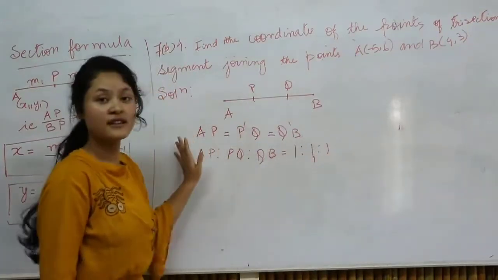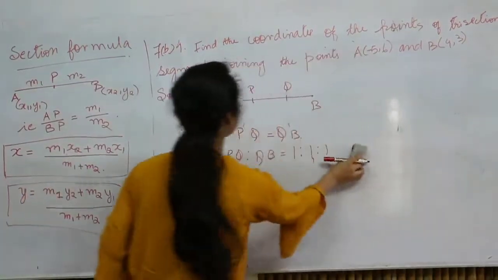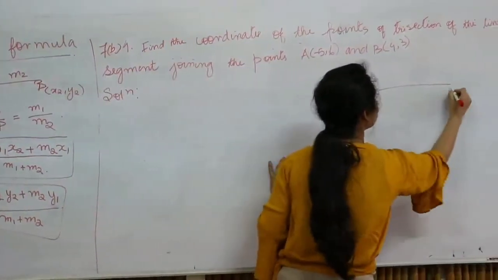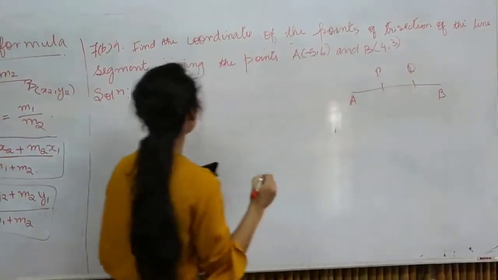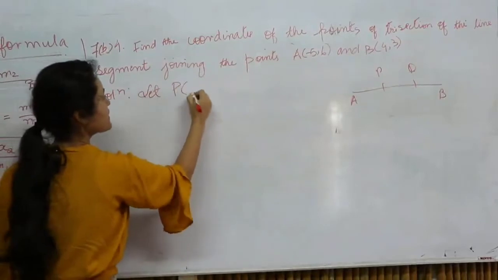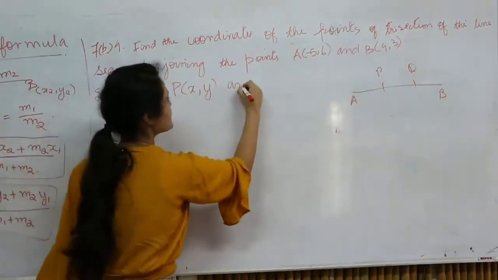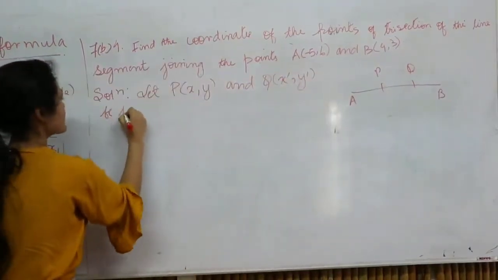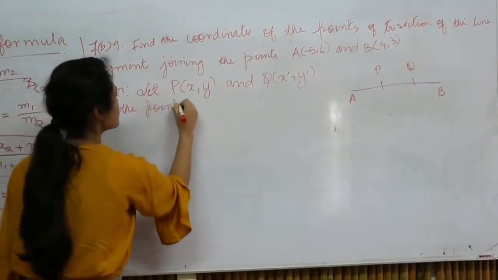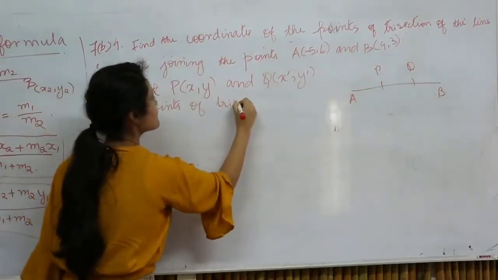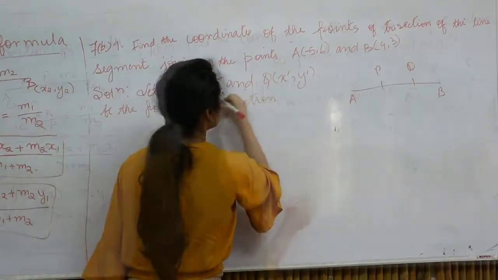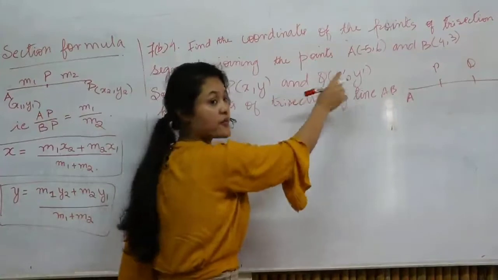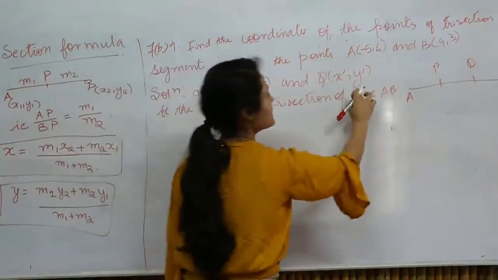So let us solve this one. Let P having coordinates x, y and Q having coordinates x prime, y prime be the points of trisection of this line AB.